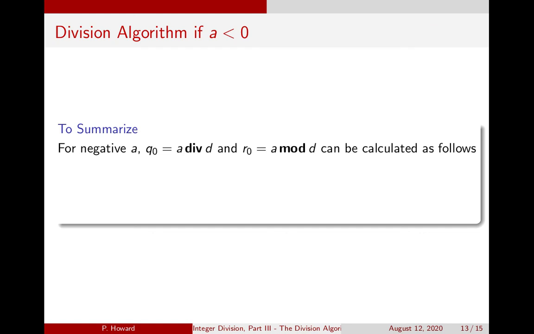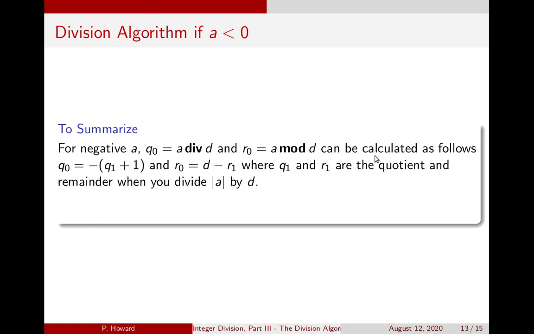So maybe a summary of all that would be a good idea. So for negative a's, you want to find Q0, which is A div D, and R0, which is A mod D, and they can be calculated like this. Q0 is minus the quantity Q1 plus 1, and R0 is D minus R1, where Q1 and R1 are the quotient and remainder when you divide the absolute value of A by D. Unless R1 equals 0.